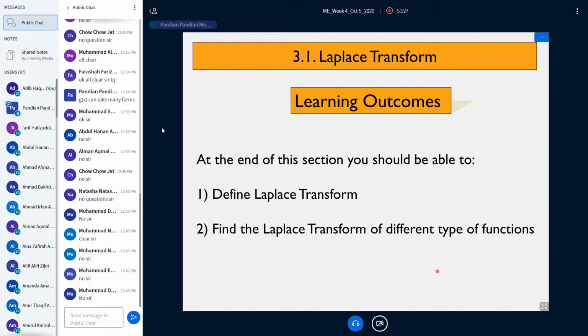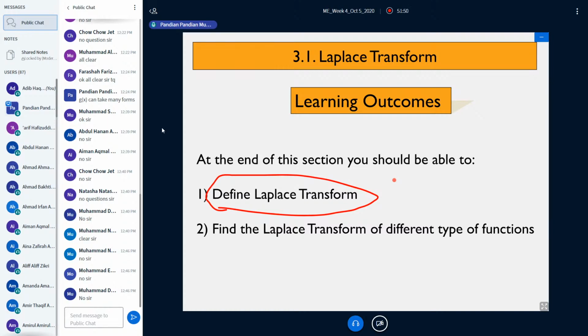Before we go into the method, we have to define what this Laplace transform is. For beginners, you must know a little bit of the background of this study, not very rigorous proofs or theorems.